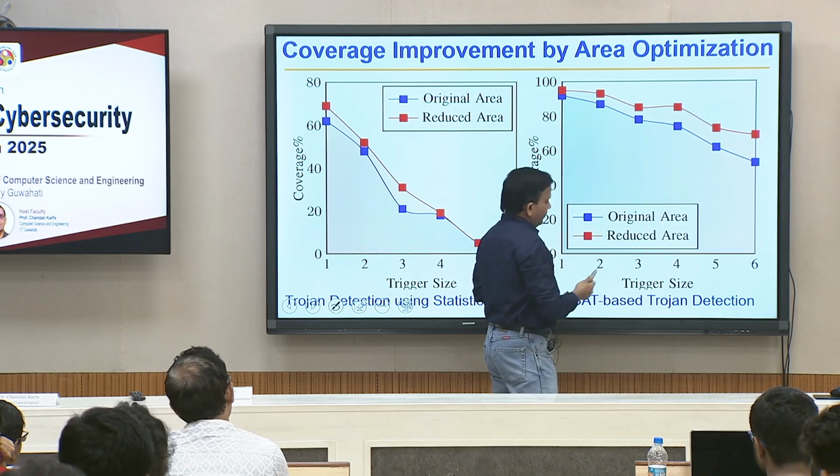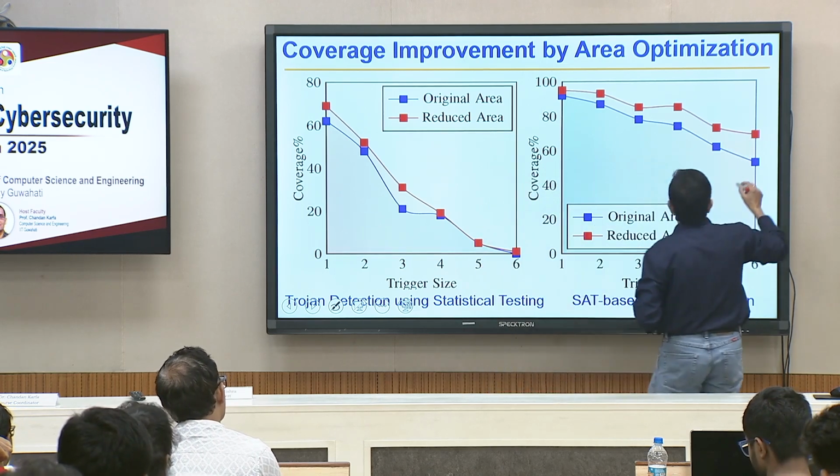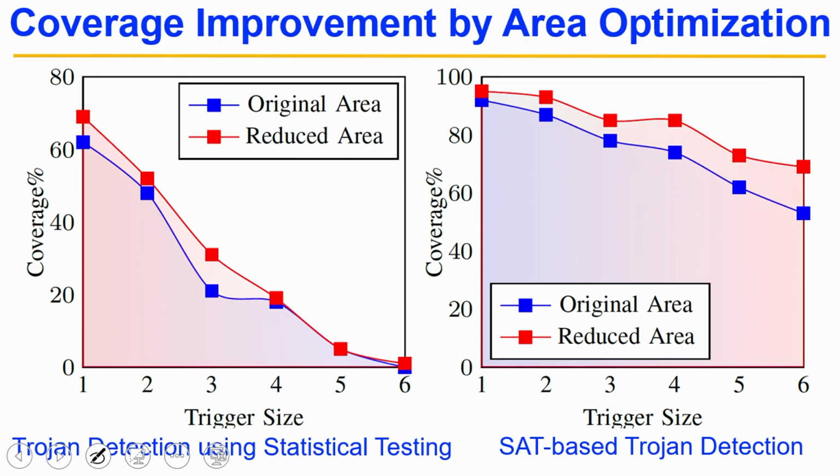So, if you take a specific point, maybe a trigger size of 6, then with your original area, the detection accuracy was 60%, with reduced area your detection accuracy is almost 80%. So, using your existing detection tools, your detection accuracy goes up. That is another way of saying it is not motivating for the attacker to insert if rareness is low.